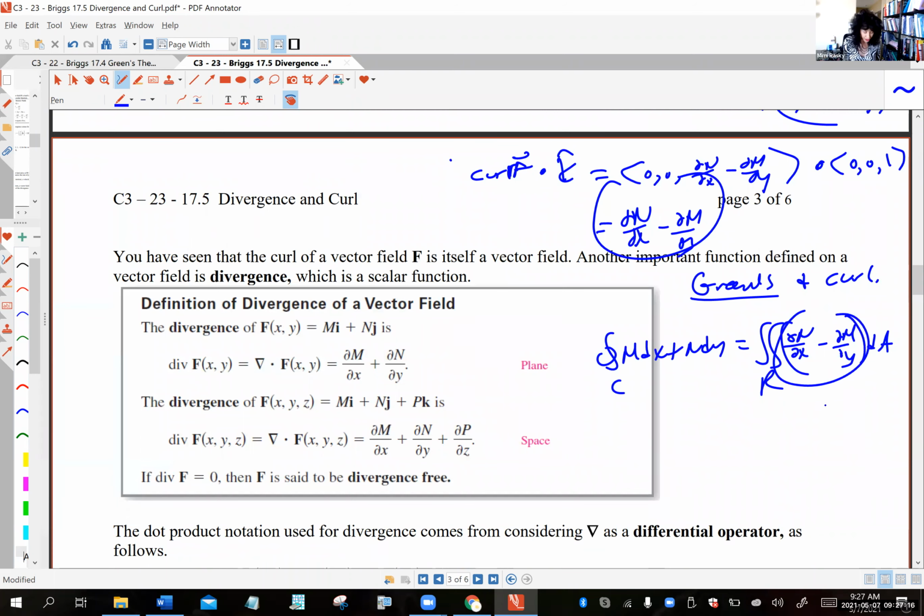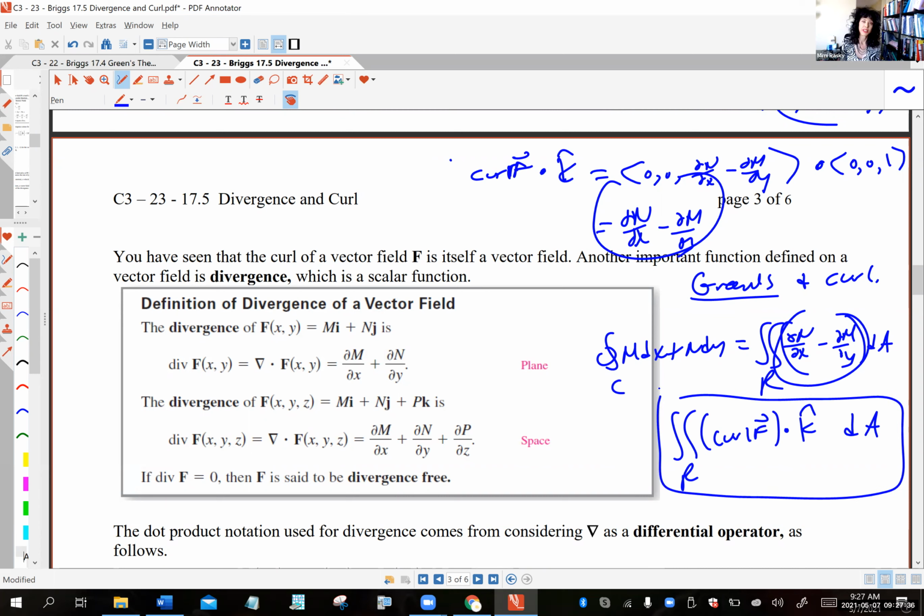This is considered the curl of F, although I just showed you they like to write it as curl of F dot k hat dA. So a version of Green's you may see in some calculus books as well as some vector calculus textbooks is this. And I don't want you to freak out and go, well, that's not Green's, because it is. That's another way of putting Green's, but bringing curl into the conversation.